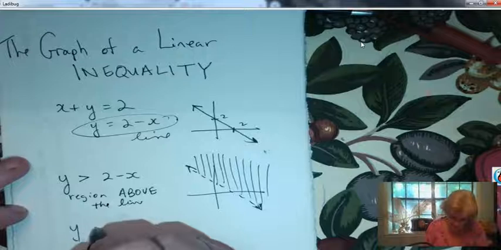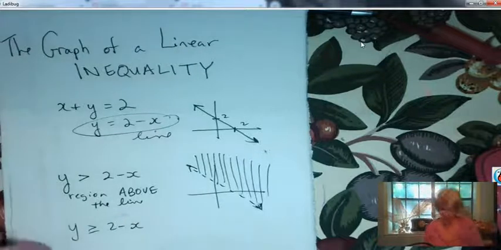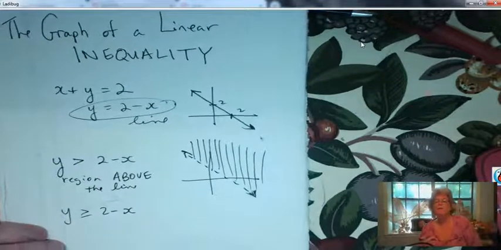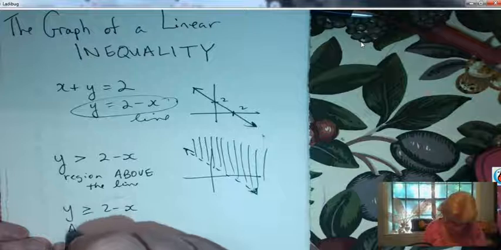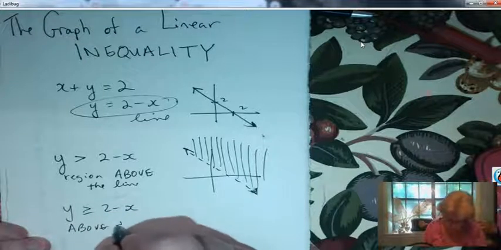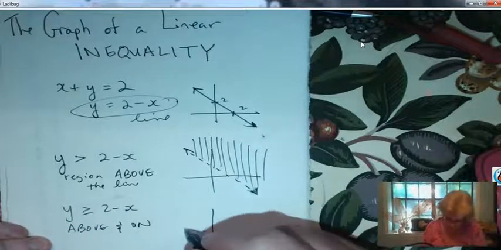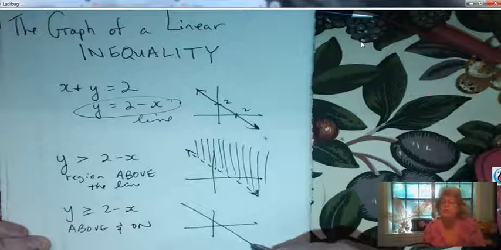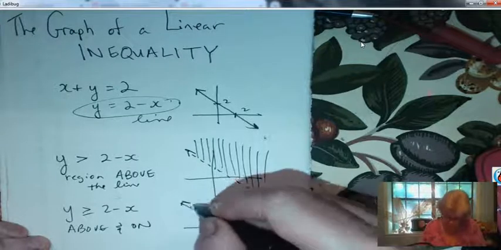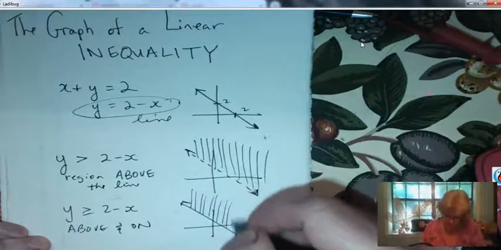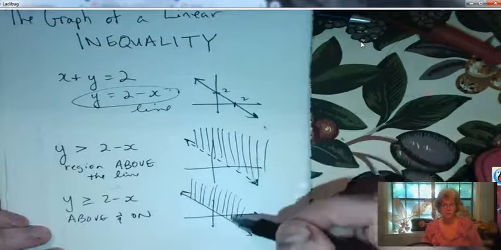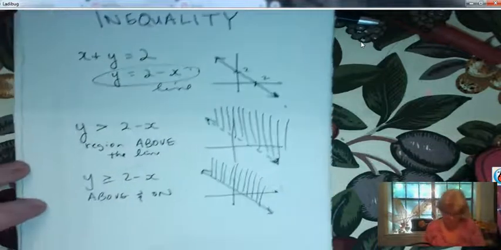So what do we think that's going to be? That's going to be above and on the line. So if I draw a picture of it, I include the line in boldface and the infinite region above it. So see the difference between these two? The symbol makes a difference.